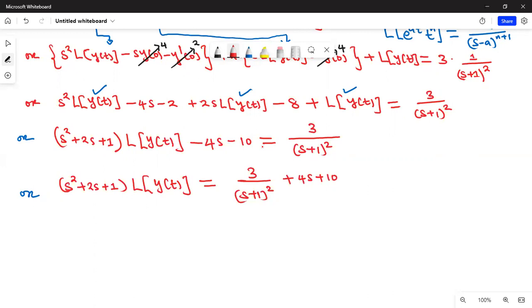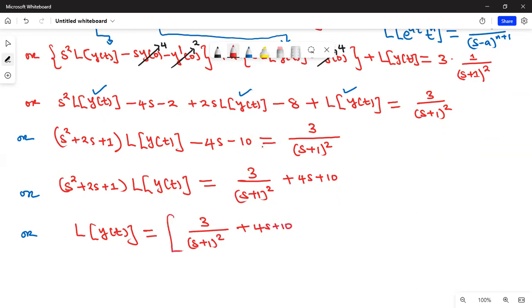I simply could factor out 2 so that we have 2 into 2s plus 5, which is still okay. I need to make the transform the subject of the formula, so that here you could write now the Laplace transform of y of t is equal to 3 over s plus 1 squared plus 4s plus 10.